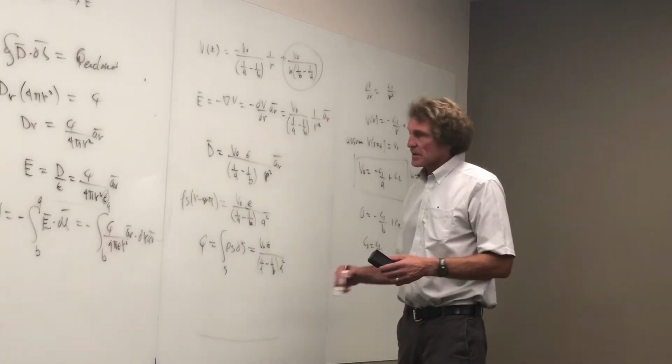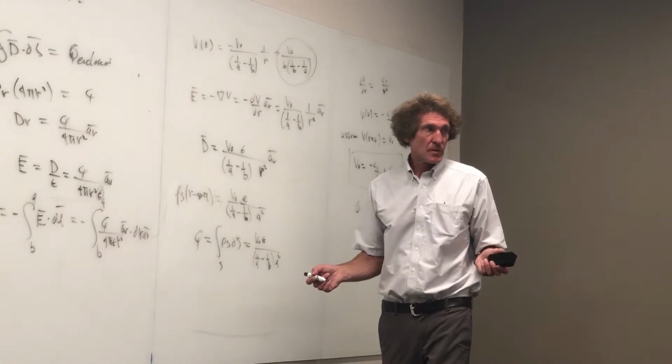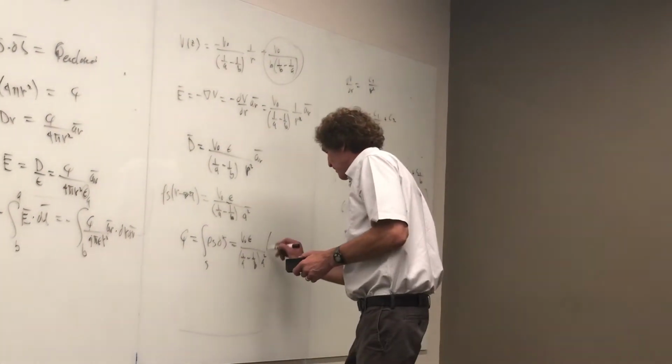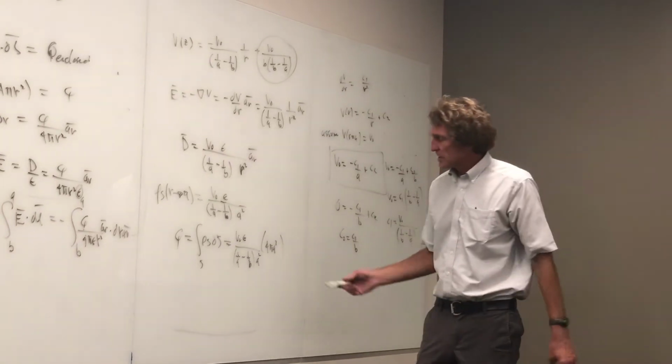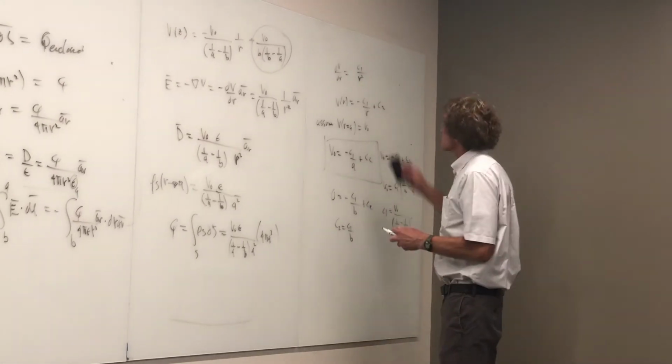And what's the surface area of the inner sphere? 4 pi A squared, right? And you can see that the A squared's canceled, right?